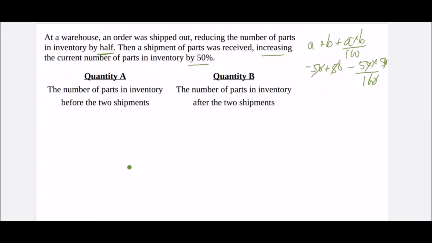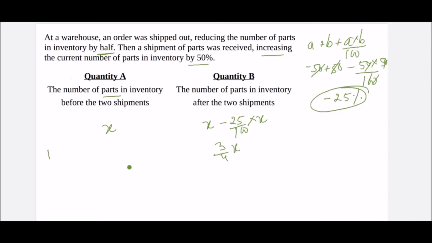This one and this one also cancel out, plus and minus, and the remaining will be minus 25%. So let the number of parts in inventory before the two shipments be X. Then the number of parts in inventory after the two shipments will be X minus 25% of X. It will become 3 by 4 part of X. The number of parts is a number value, right?